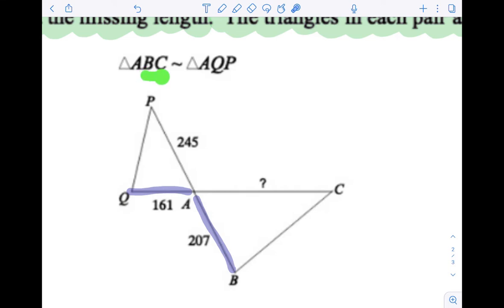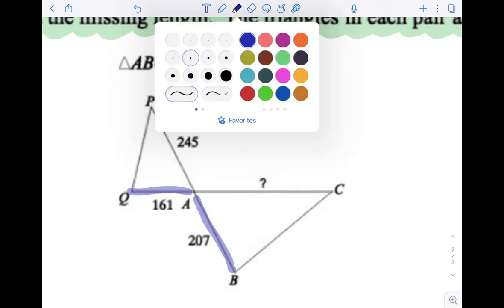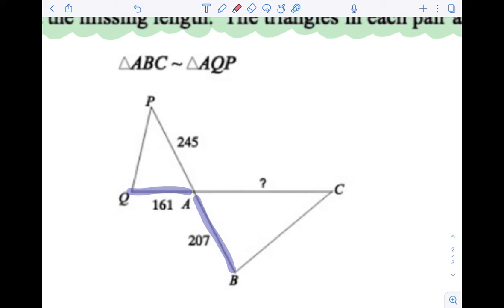B to C is similar to Q to P. Look at that.